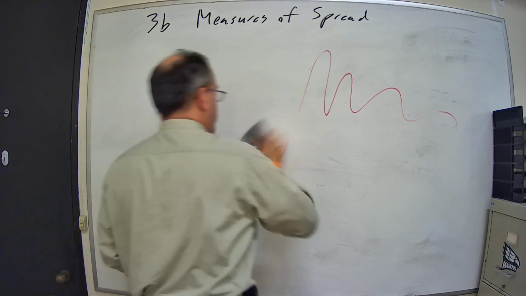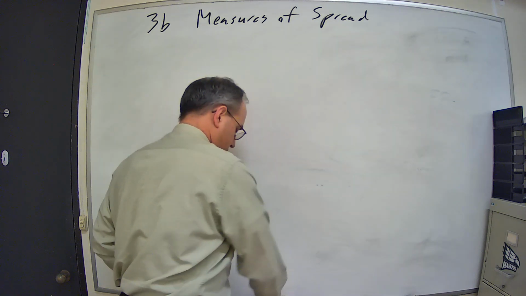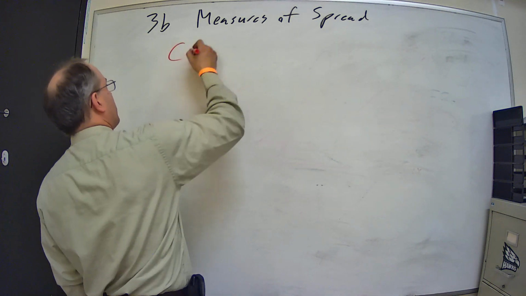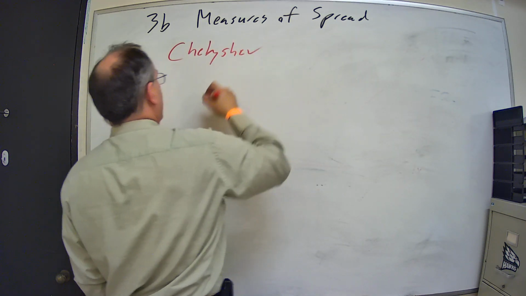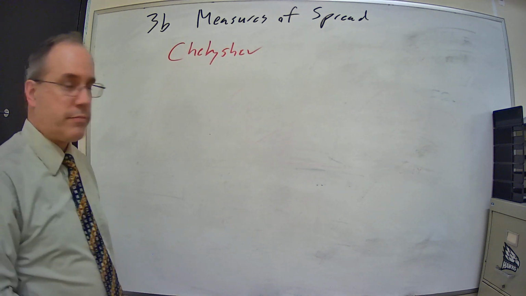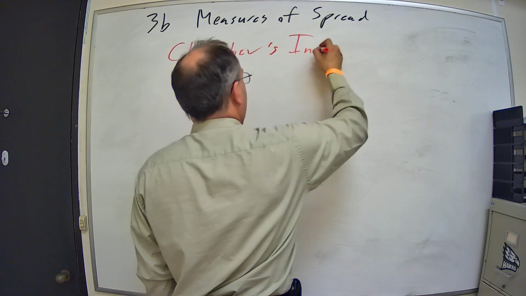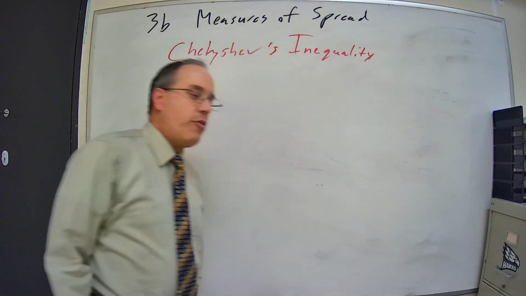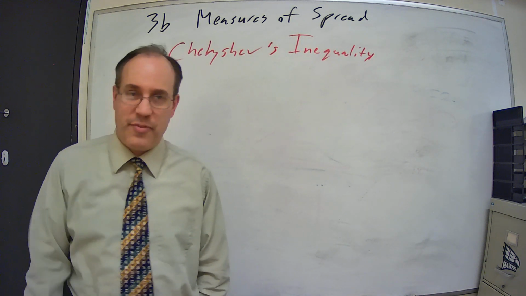But thanks to Chebyshev, a man with way too much time on his hands, but a very intelligent person at that. So Chebyshev, and I'm going to call this Chebyshev's inequality. If you don't remember, an inequality is anything that deals with less than or greater than, right?